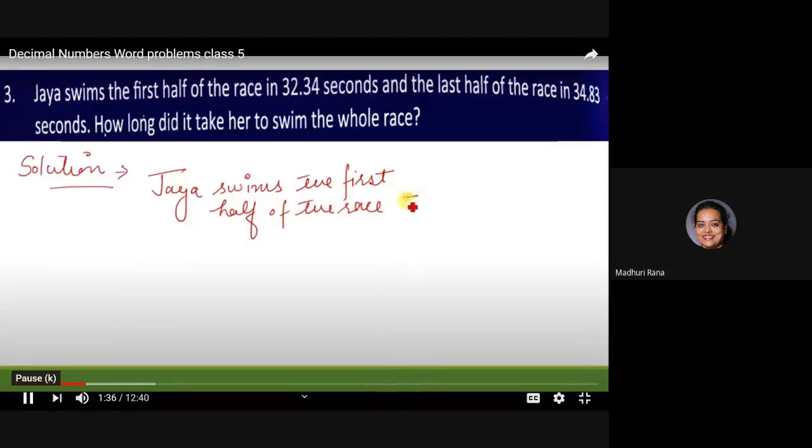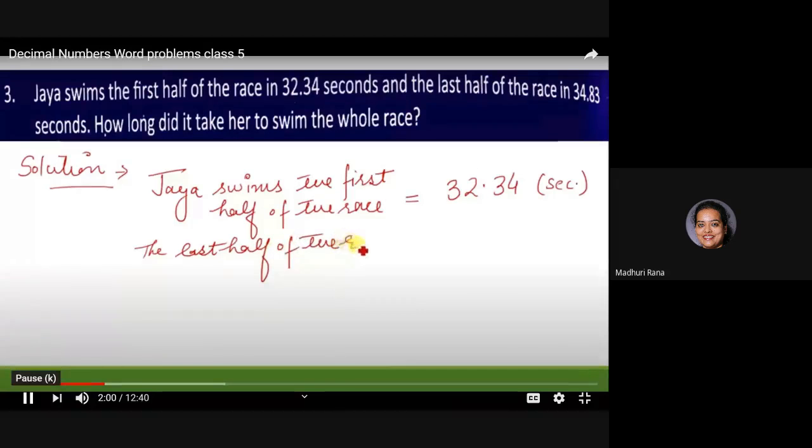The race in 32.34 seconds. Clear? Now the last half of the race in how many seconds? 34.83. The last half of the race in 34.83 seconds.